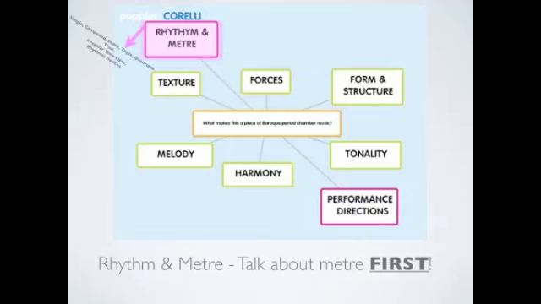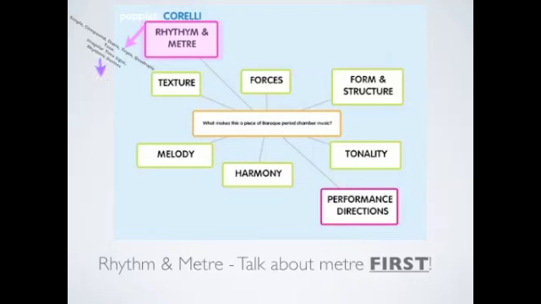Well, the meter is going to be either simple, compound, duple, triple, quadruple time, and it will have regular or irregular time signatures and the rhythmic devices. Simple time is 2/4, 3/4, 4/4. Compound time is 6/8, 9/8, 12/8. 3/8 is simple time. It's the odd one out, so don't forget that.